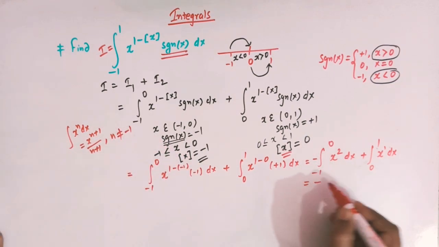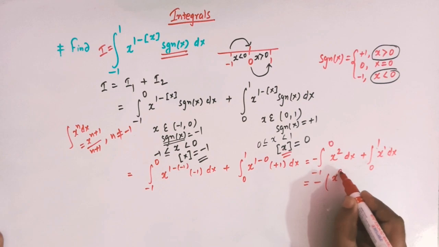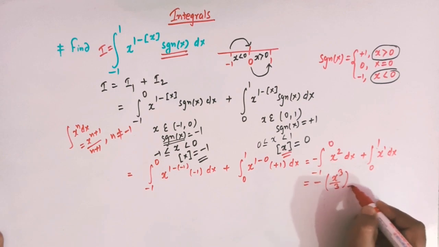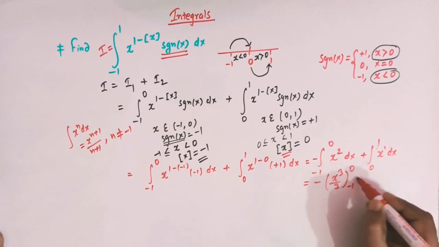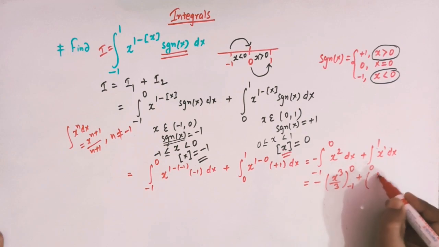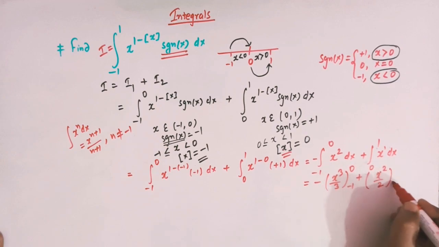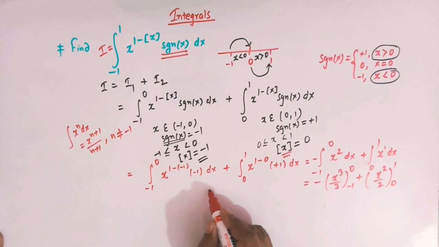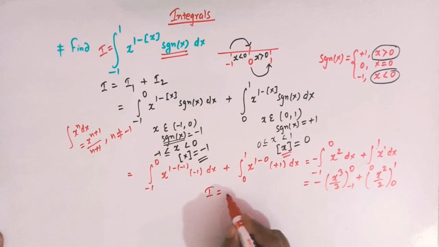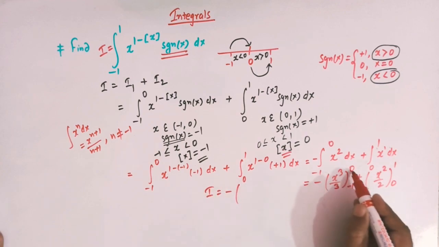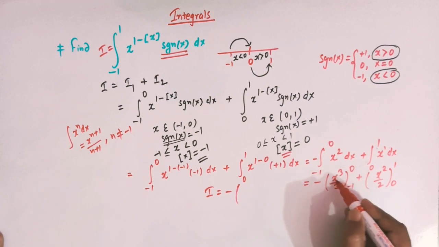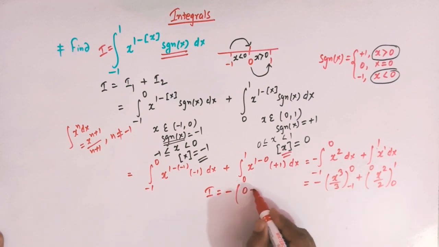So here we have minus x cube over 3, with limits from -1 to 0, and x square over 2, with limits from 0 to 1. Now we substitute the limits. When we take x equal to 0, this term becomes 0.